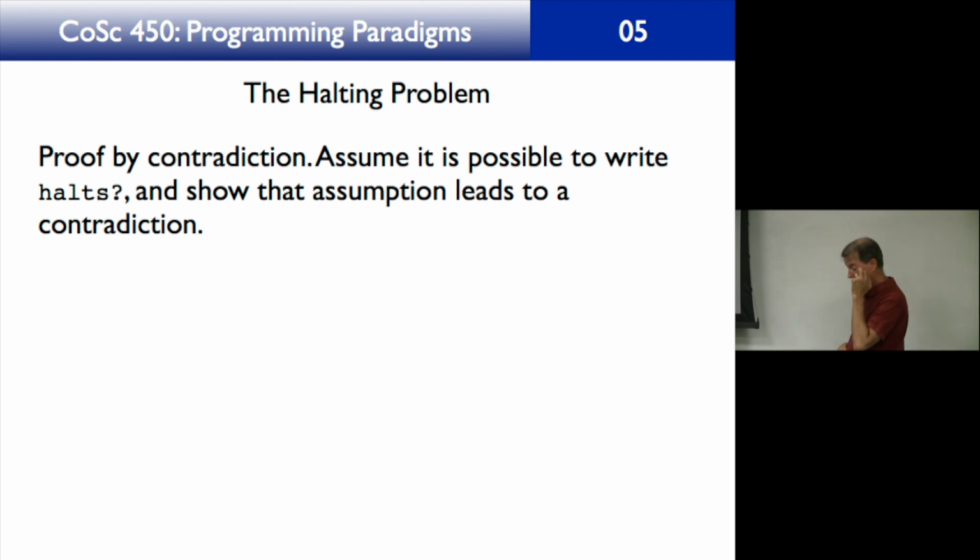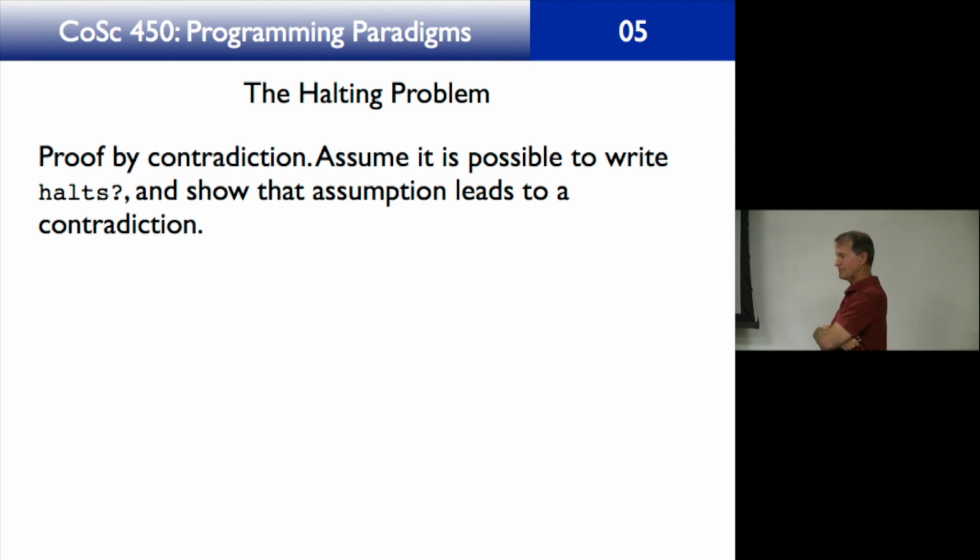So here is the proof that the halting problem cannot be solved. It's proof by contradiction. Do you remember how proof by contradiction works? Kind of, vaguely. Okay, so what we're going to do is assume that it is possible to write halts and show that assumption leads to a contradiction.